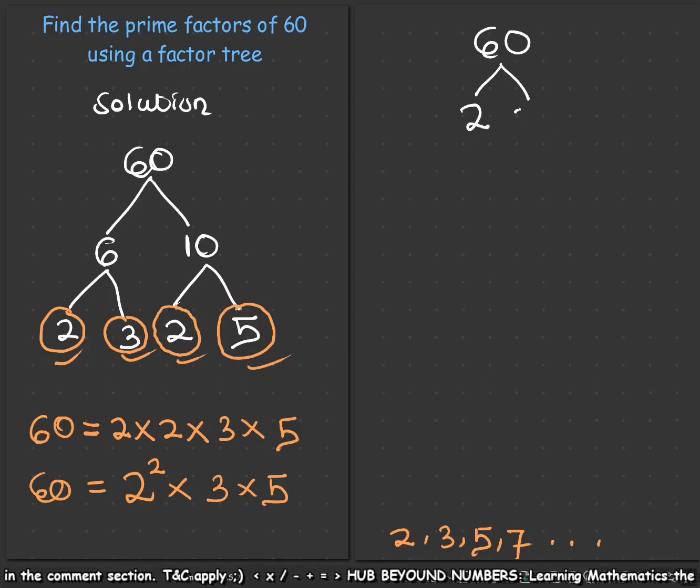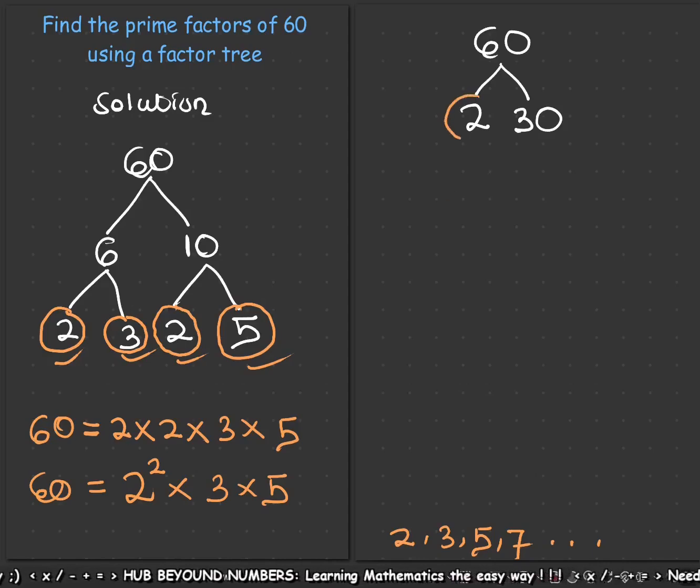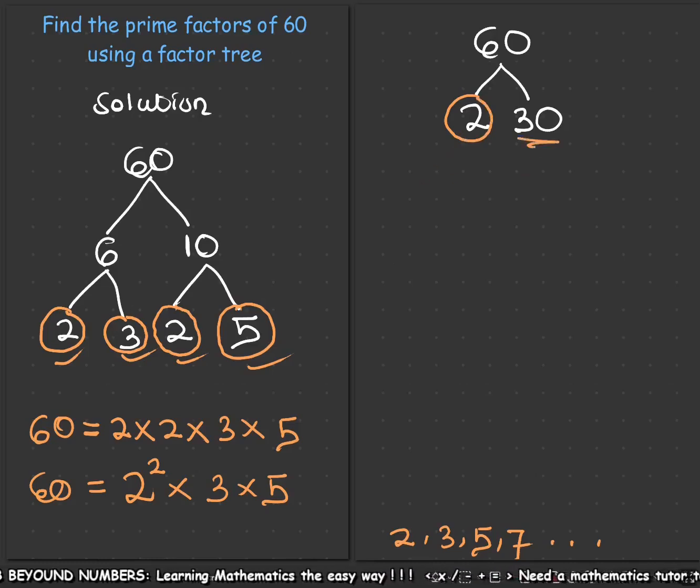I know 2 times 30. You would realize that this 2 is a prime number and it's not going to form any branch again. Now we depend on the 30. We start from the 30 again and ask ourselves, can the smallest prime number divide 30? Yes, we know the divisibility rules. Any number that ends in an even digit is divisible by 2. So we can say that what?